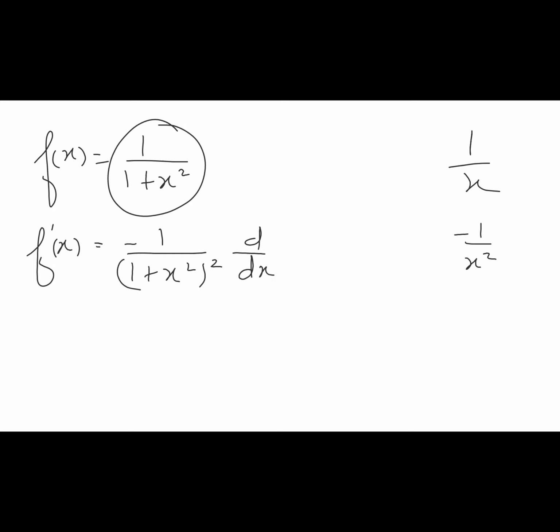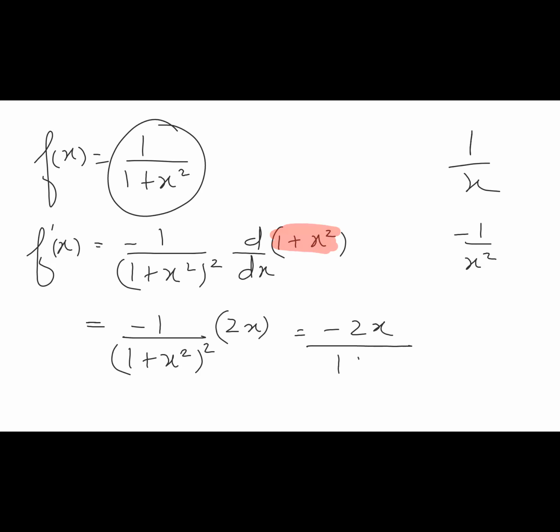Into dy dx of 1 plus x square. Right? So minus 1 upon 1 plus x square the whole square, and dy dx of 1 plus x square is 2x.